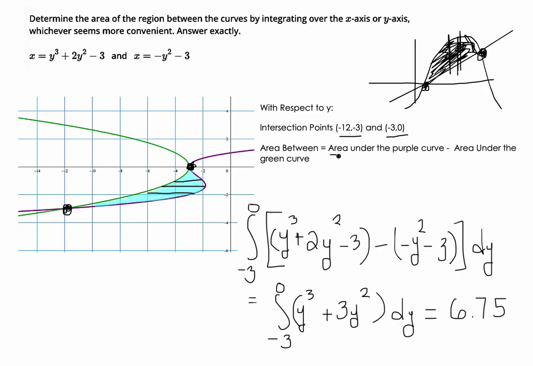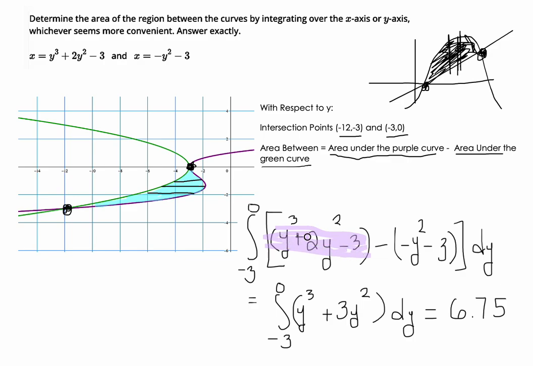So we're going to take and find the area under the purple curve and then subtract the area under the green curve. Since we identified our intersection points, we're going to start with the lower limit for y, which is negative 3, and the upper limit for y would be 0. Here is the curve that's purple.